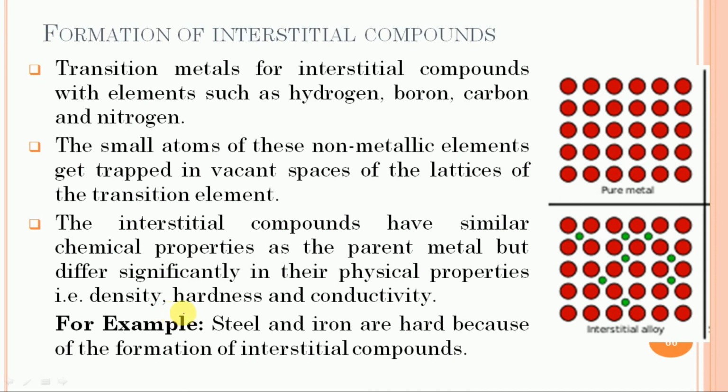For example, steel and cast iron are hard because of the formation of interstitial compounds with carbon. So this one is the pure metal having interstitial spaces, and these interstitial spaces are occupied by non-metals like hydrogen, boron, carbon, and nitrogen to give the interstitial compounds.